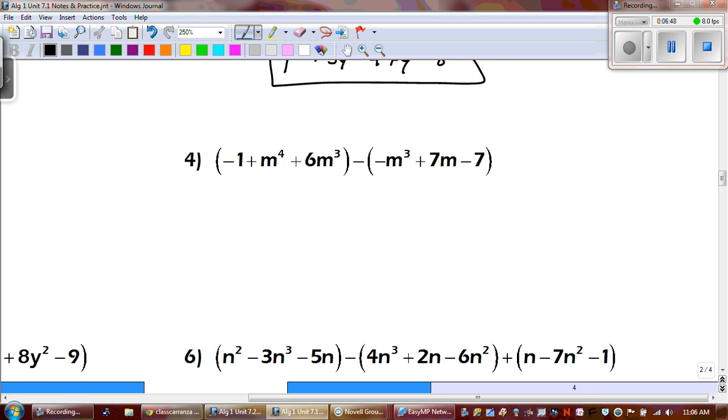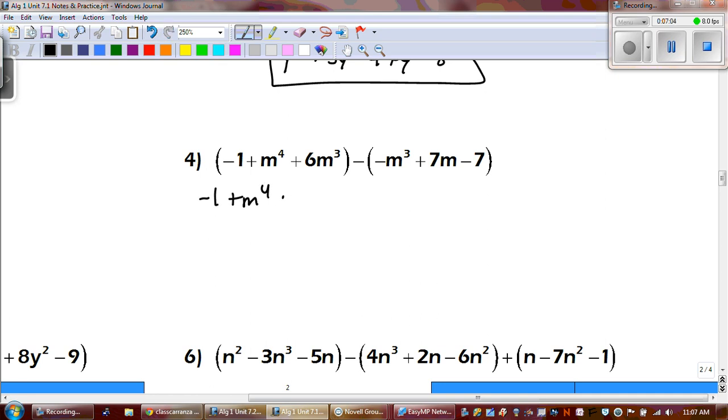All right, number 4. Number 4 is number 7 on your guys' notes, okay? So the first one, there's nothing out here, so this just stays the same. -1m, or -1 plus m to the 4th plus 6m cubed.